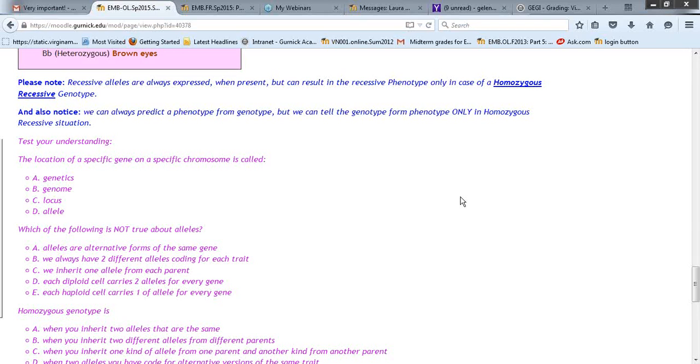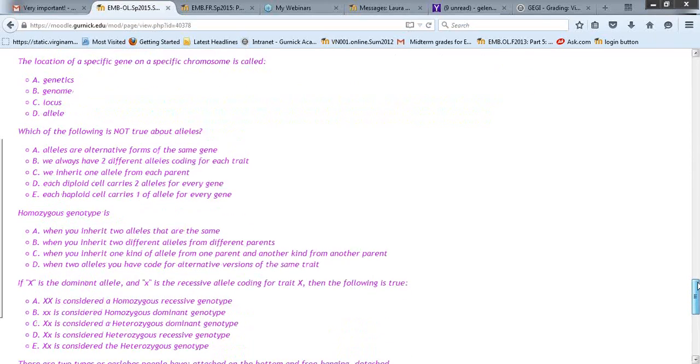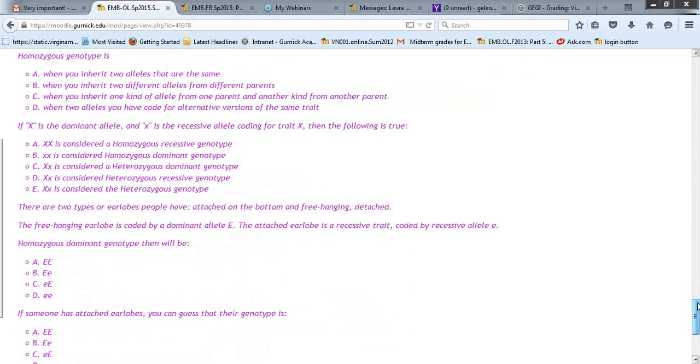Also note that we can always predict a phenotype from a genotype, but we can tell the genotype from a phenotype only when you have a homozygous recessive situation. So when you look at someone and see blue eyes, you know for sure that they have little b for their genotype.